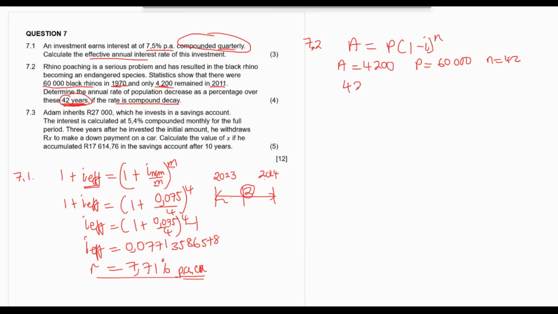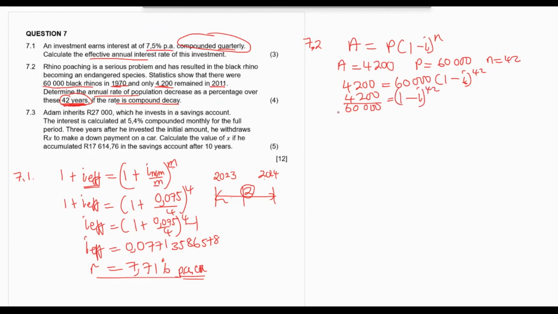So it's 4,200 is equal to 60,000 times 1 minus i to the power 42. We're finding the annual rate of population decrease, so we're finding i here. Then divide by 60,000 on both sides of the equation. 4,200 divided by 60,000 is equal to 1 minus i to the power 42.